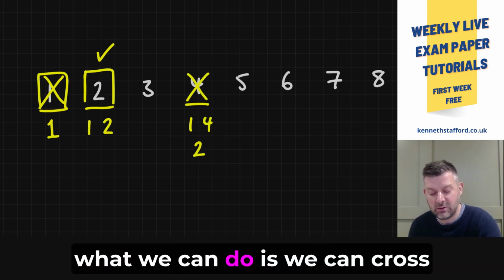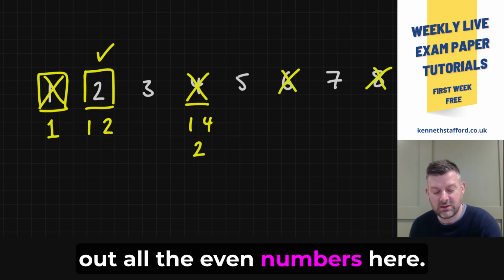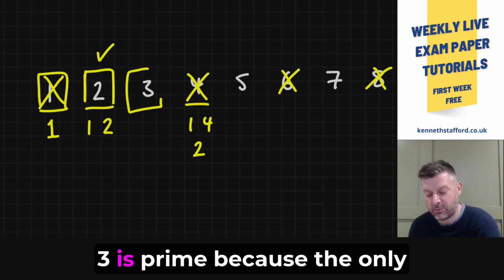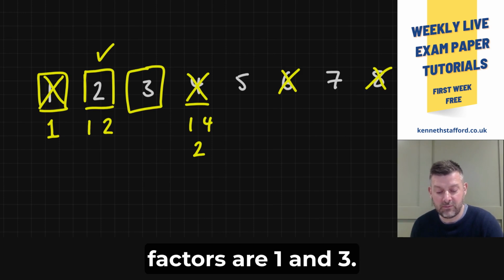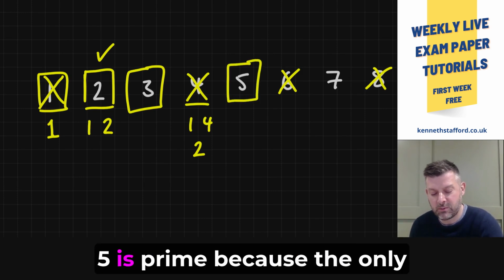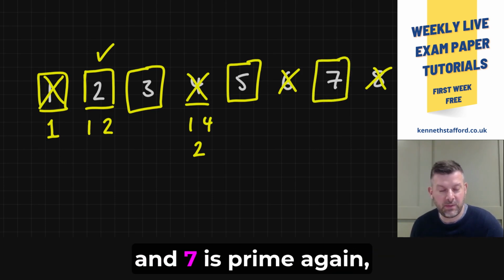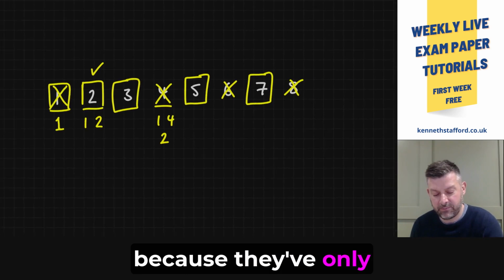So actually what we can do is we can cross out all the even numbers here. None of them will be prime. 3 is prime because the only factors are 1 and 3. 5 is prime because the only factors are 1 and 5. And 7 is prime, again, because they've only got 2 factors.